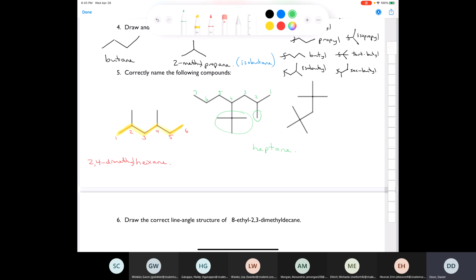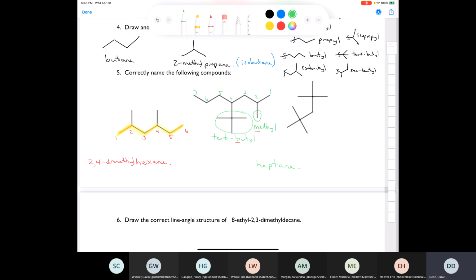If I write down the names, I have methyl, and over here I have tert-butyl. Well, we alphabetize the methyl according to the letter M, and we alphabetize the tert-butyl according to the letter B. So now, when I put all of this together, the tert-butyl is going to come first, isn't it?